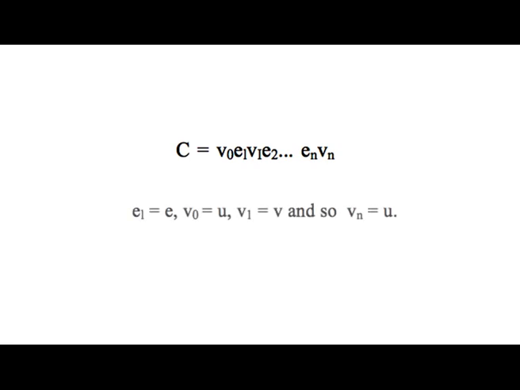We may suppose that E1 equals E, V0 equals U, V1 equals V, and so Vn equals U. Then deleting the edge E from the circuit gives the Eulerian trail V1, E2, ..., Vn, En from V to U in G, since it involves each edge of G exactly once.